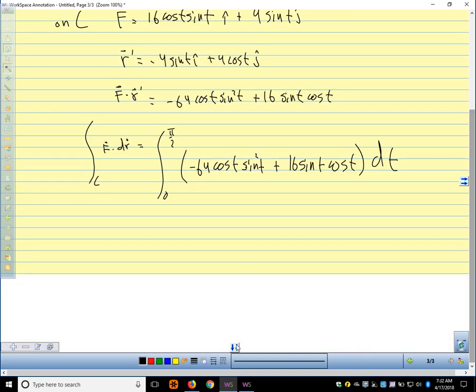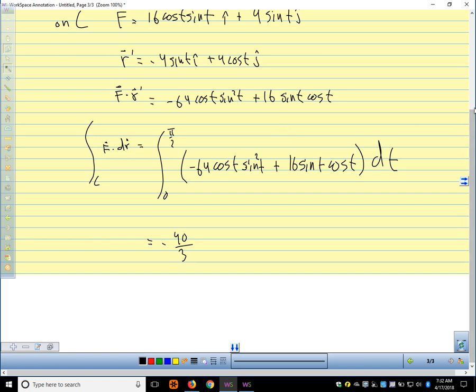So that's our integrand. We integrate this, and it's not a difficult one. Be careful with your trig functions. They do have values when t equals 0. Minus 40 thirds. That's what this comes out to.